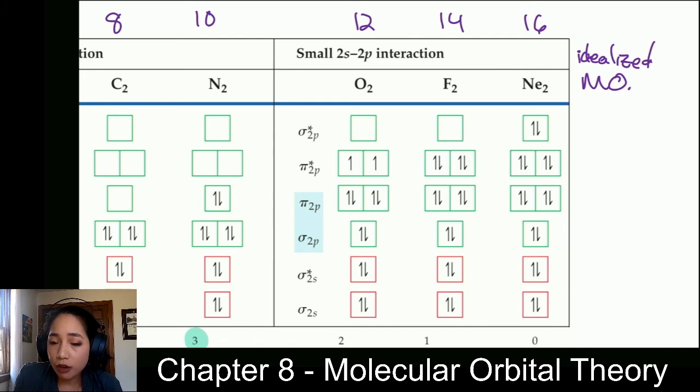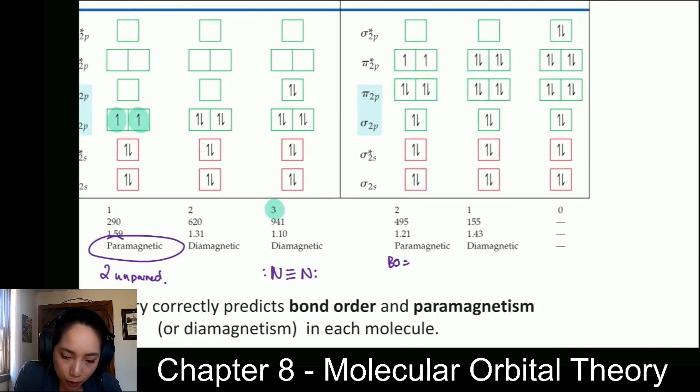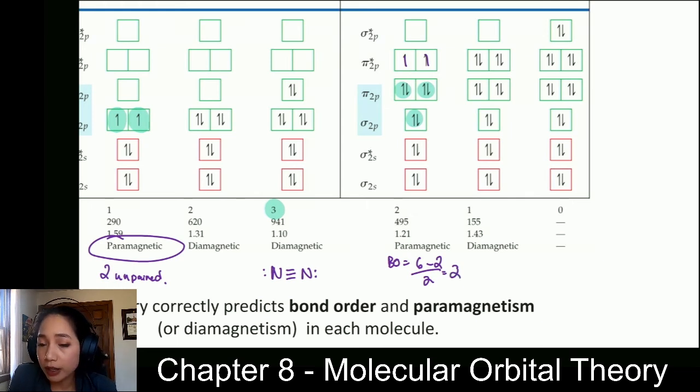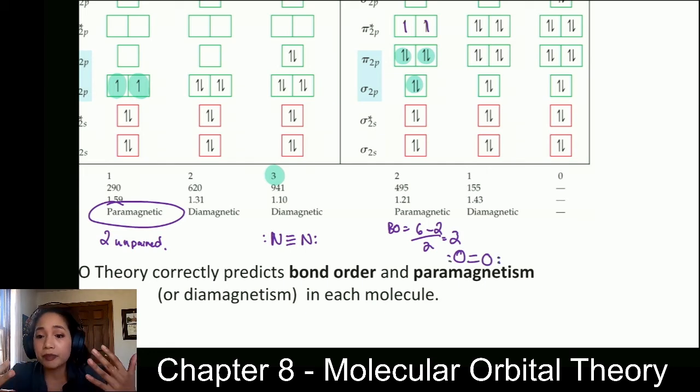But based on our bond order equation, if we did this for oxygen, our bond order would be equal to 1, 2, 3, 4, 5, 6. 6 minus, and then there's 2 electrons in antibonding orbitals, so 6 minus 2 over 2, that equals 2. So MO theory is predicting that diatomic oxygen is a double bond, but that's what the Lewis structure says too for diatomic oxygen, that it's a double bond. So it completely corroborates with our knowledge from chapter 7.